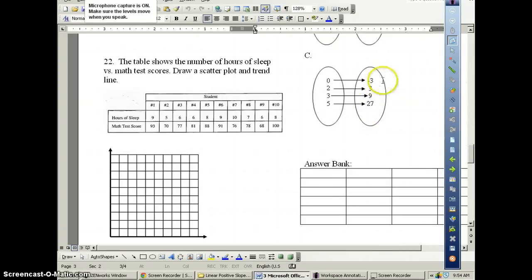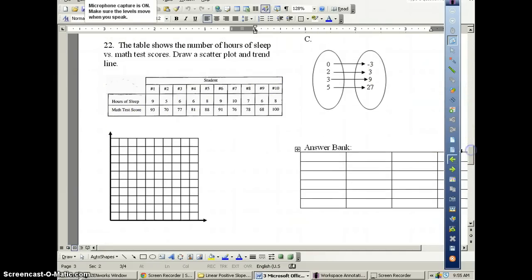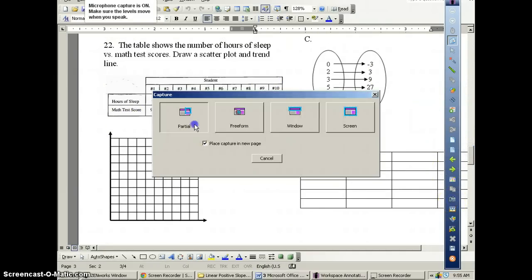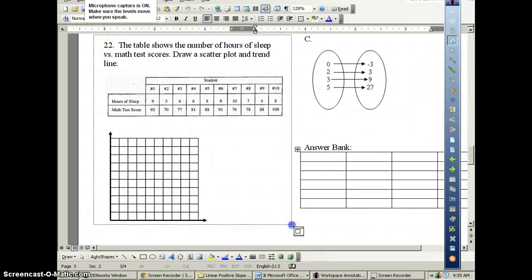The table shows the number of hours of sleep versus math test scores. Draw a scatter plot and trend line. Okay, I got to decide which one am I going to graph on my x-axis and which one's going to graph on my y-axis. Well, the dependent variable always goes on the y-axis.